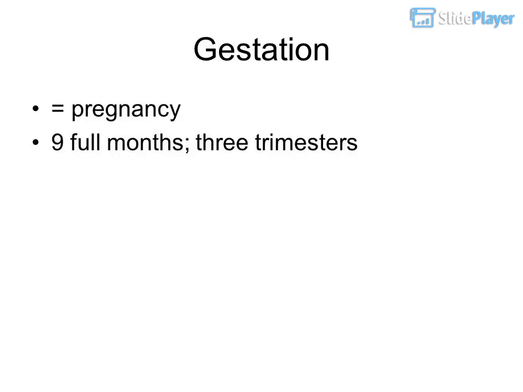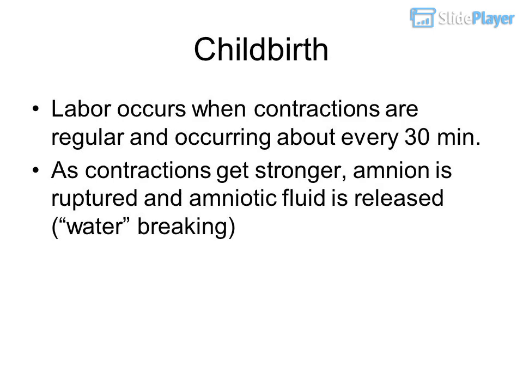Gestation equals pregnancy: 9 full months, 3 trimesters, then childbirth.